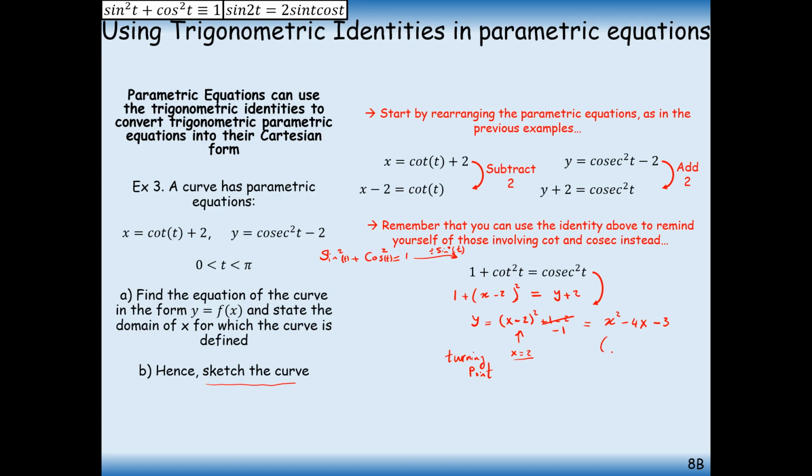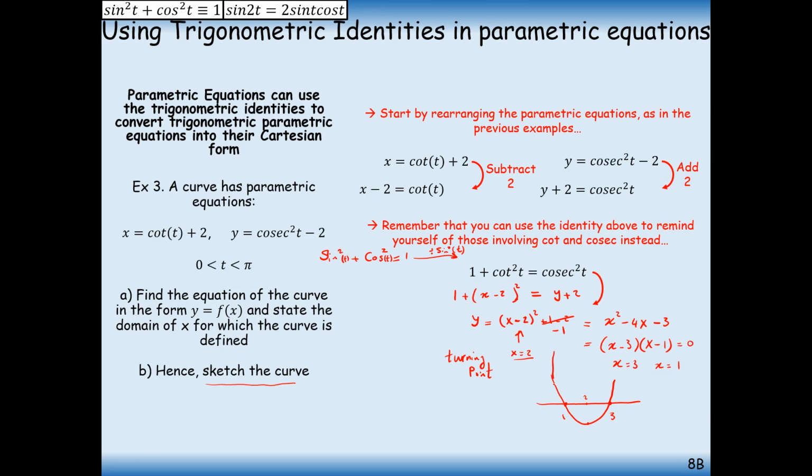Now, if we factorize this equation, we'll have (x minus 3)(x minus 1), and setting it equal to 0 tells us that the roots of the equation are 1 and 3. Therefore, I know that this graph will cross the x-axis at 1 and 3 here. We already figured out its minimum is at 2.